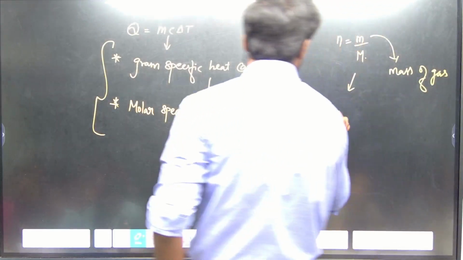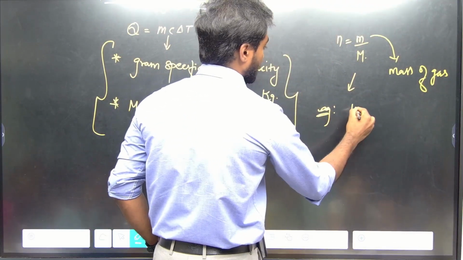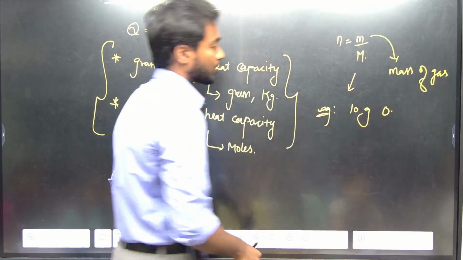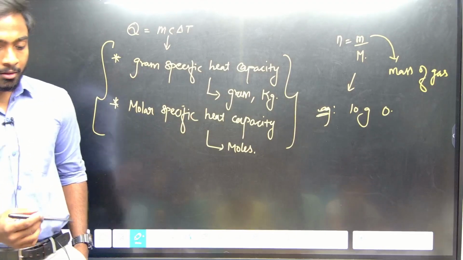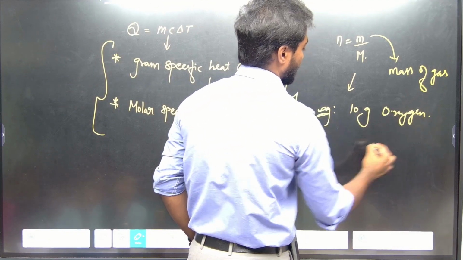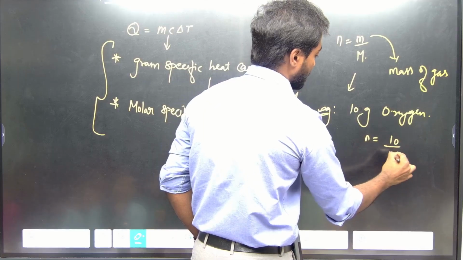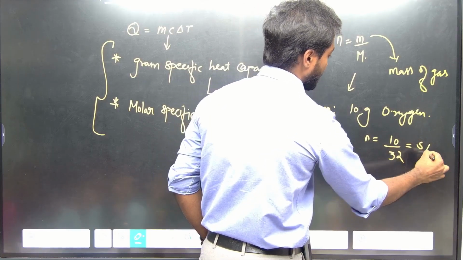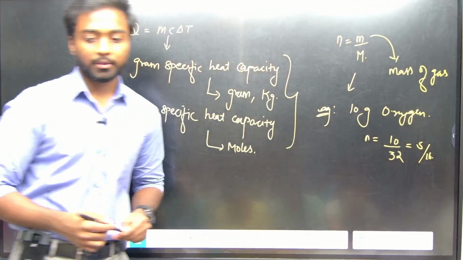For example, if we take 10 gram of oxygen, then n will be 10 by 32, which is nothing but 5 by 16.